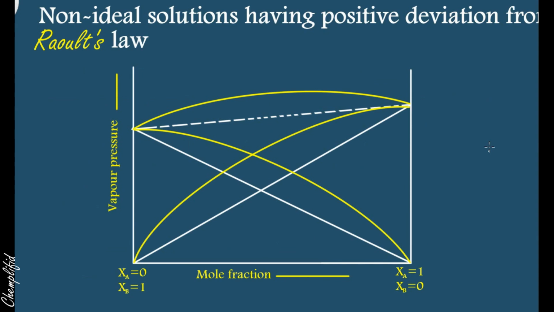So this is the graph that we have already seen in our previous video for ideal solution. Now remember the white line represents the graph of ideal solution and the yellow line represents the graph of non-ideal solution. So in this case, let's write the values.